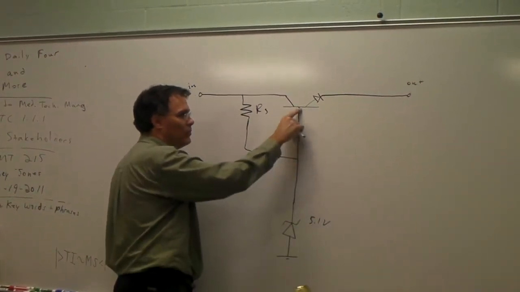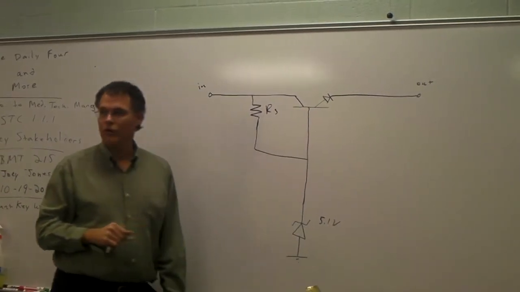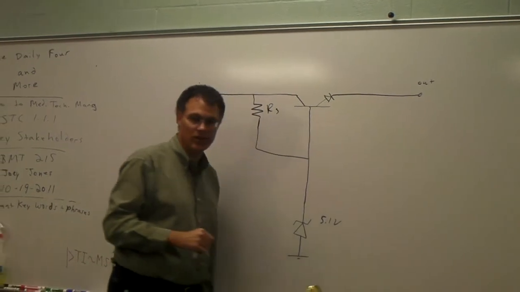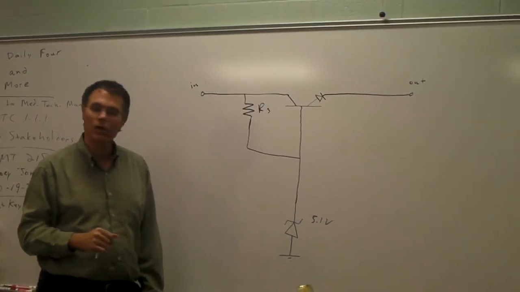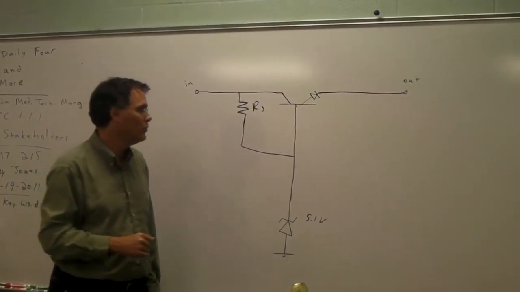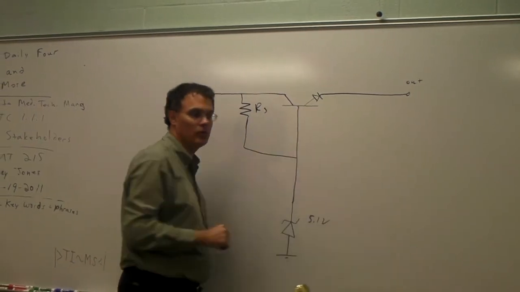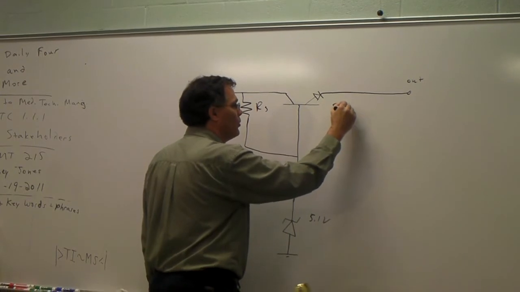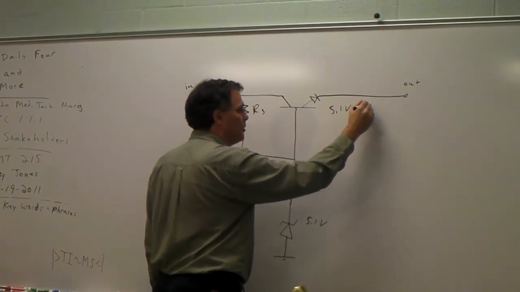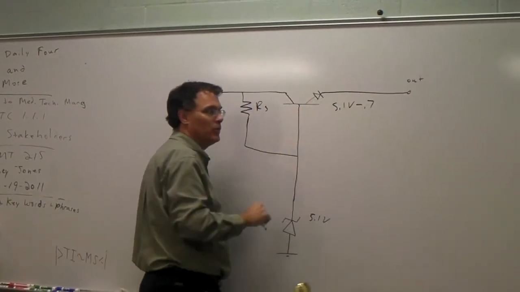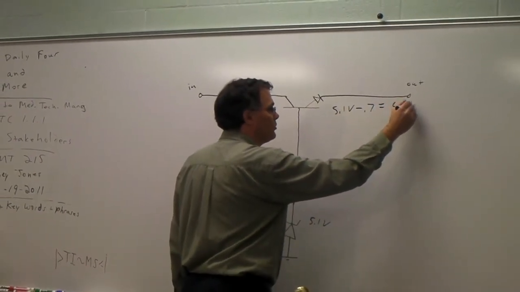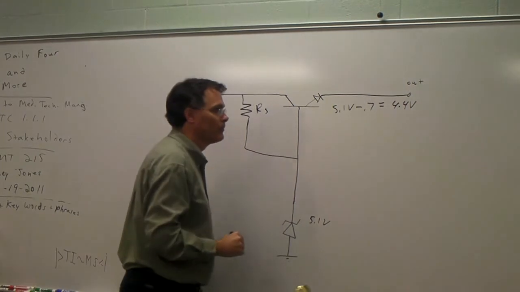This 5 volts is being applied to the base of our bipolar junction transistor, and the output voltage will be 0.7 volts less than the 5.1 volt rating of our zener diode due to the diode drop within the transistor. So we have 5.1 volts at the base minus 0.7 drop due to the base emitter diode, and that leaves us with 4.4 volts of output voltage.